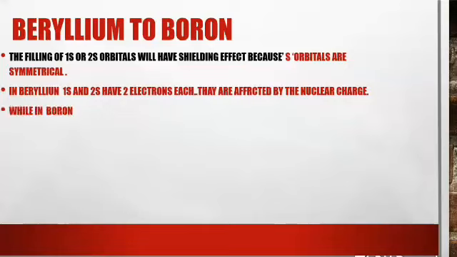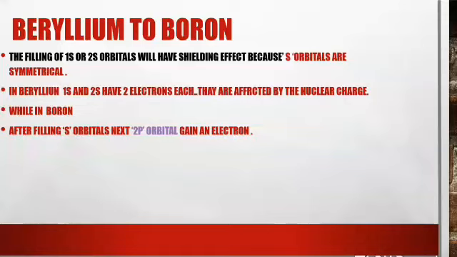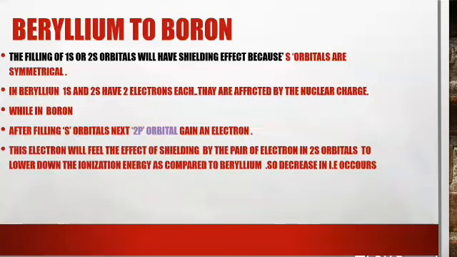In boron, after filling the s orbitals, the p orbital gains an electron. This electron will feel the effect of shielding by the pair of electrons in the 2s orbital, which lowers the ionization energy as compared to beryllium.